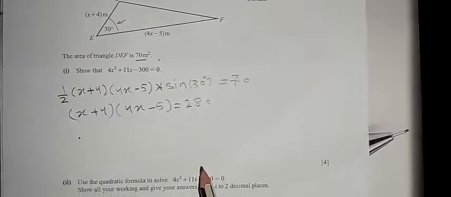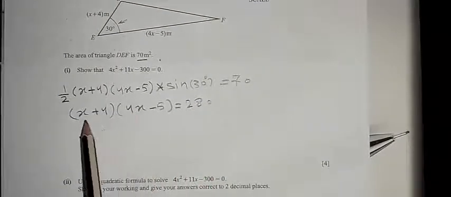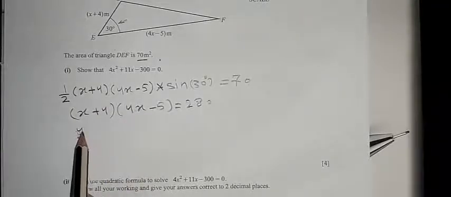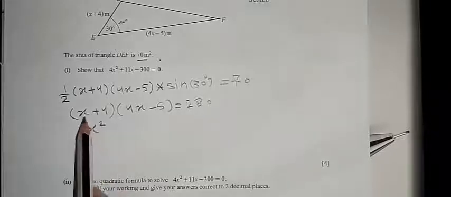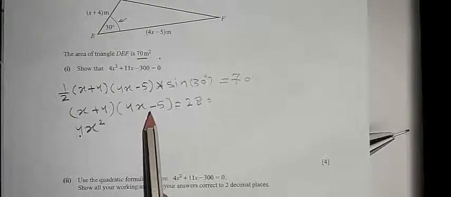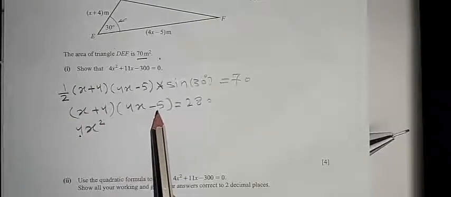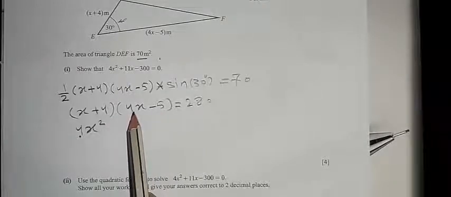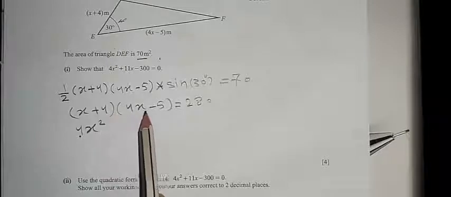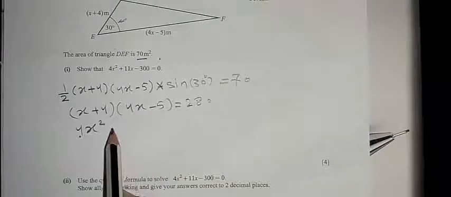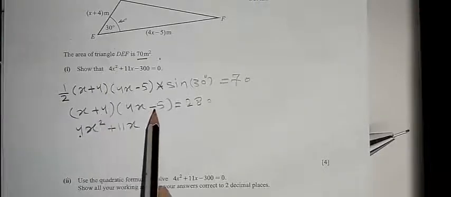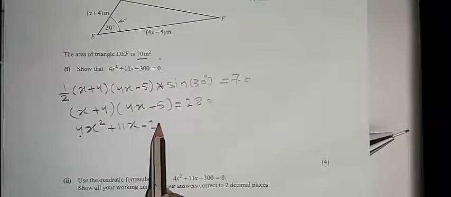Now we will expand these brackets. x times 4x is 4x squared, x times minus 5 is minus 5x, and 4 times 4x is 16x. 16x minus 5x is 11x. 4 times minus 5 is minus 20.